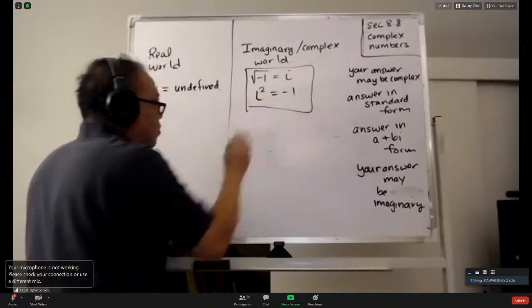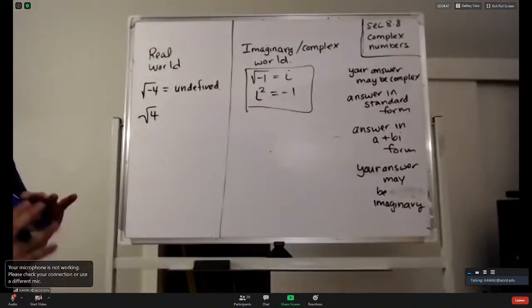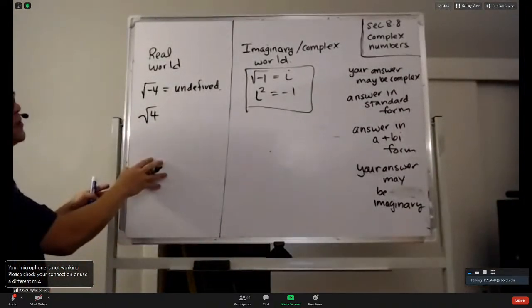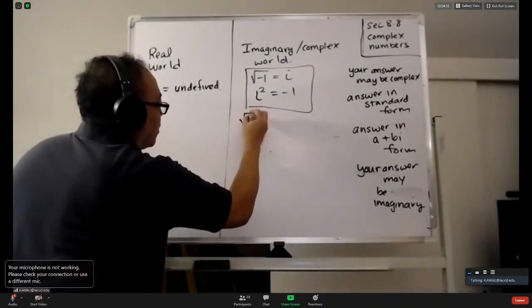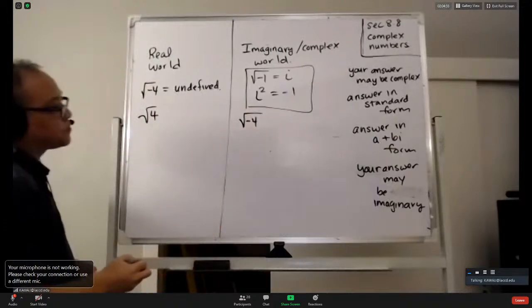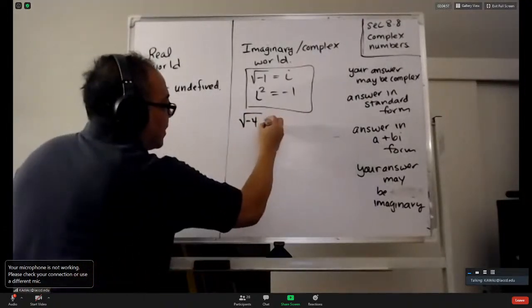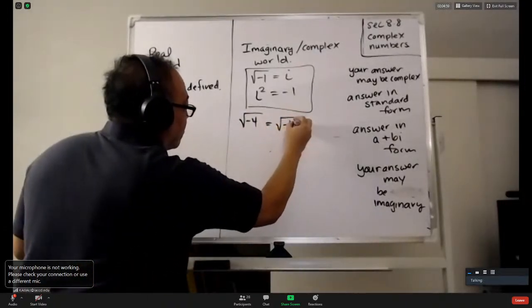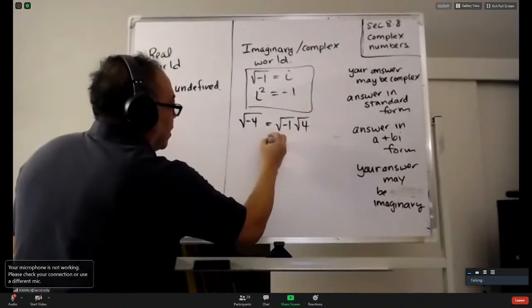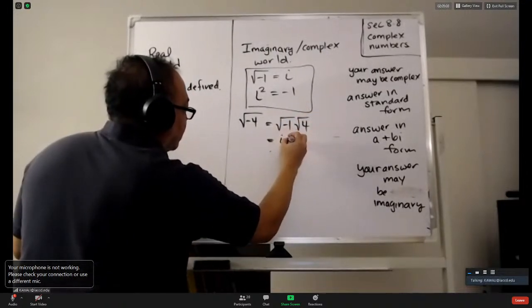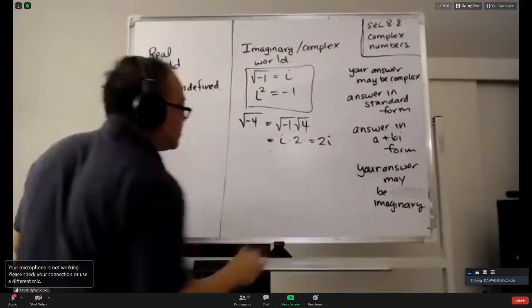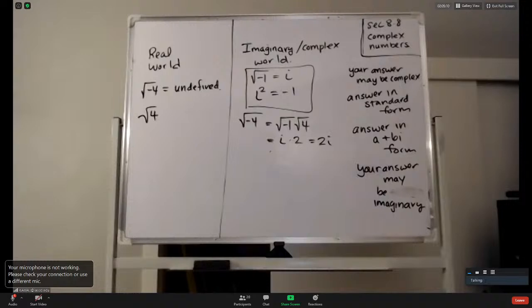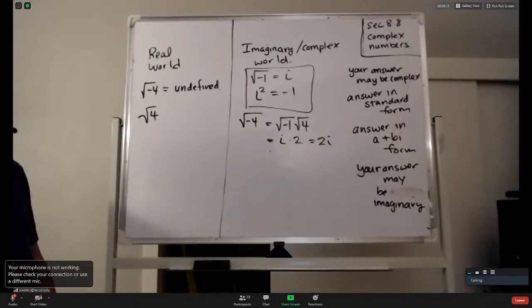This mathematical world has 2 extra rules that do not exist in the real world. So when I have something that looks like square root of -4, I can break that up into 2 pieces. And then this becomes I times 2, and most people will write it with the I afterwards.